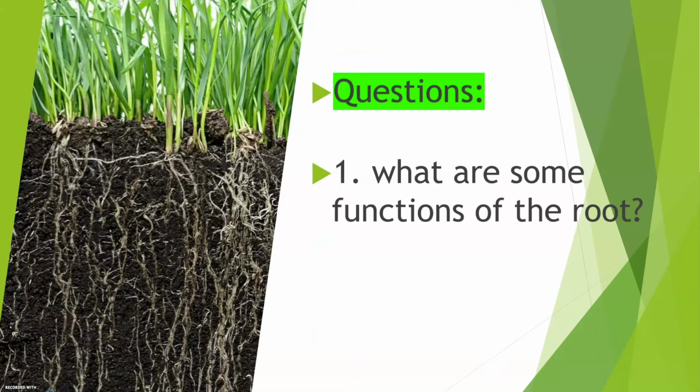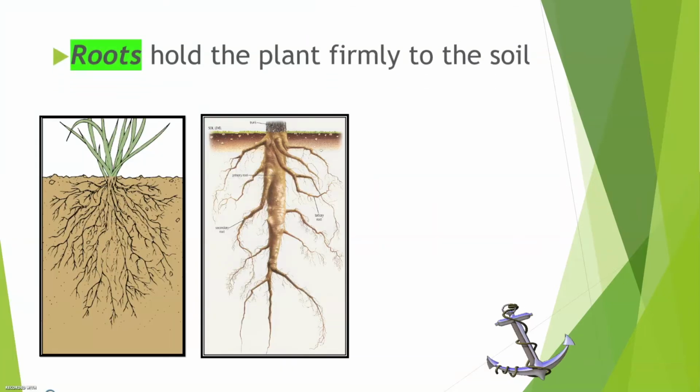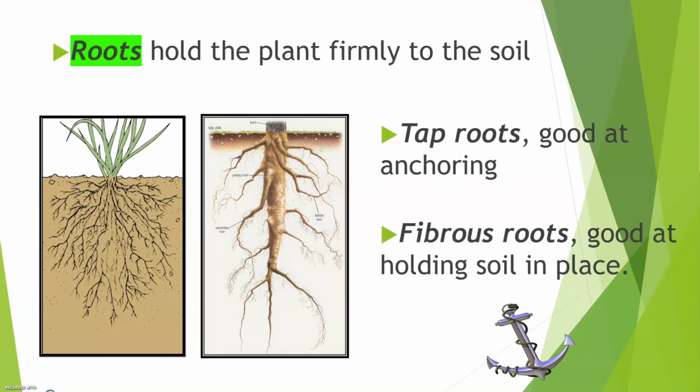Now, before we move on to our next slide, we have the first question again. What are some functions of the root? We will find the answer on our next slide, so please listen carefully. The first part of a plant that we will discuss is the roots. Everybody repeat after me. Roots. Very good.